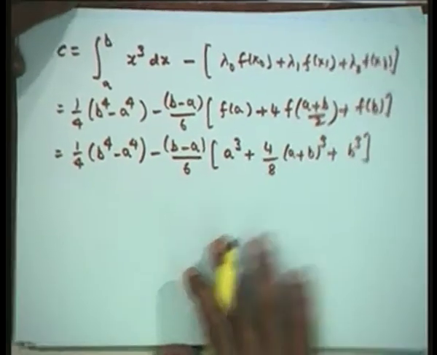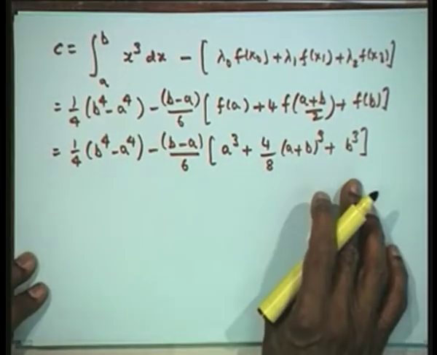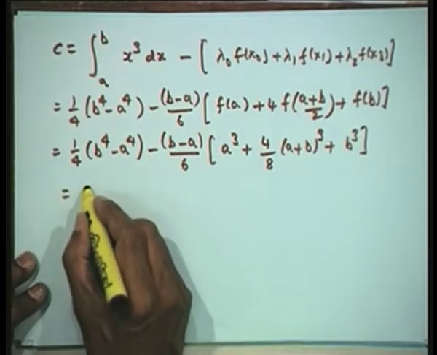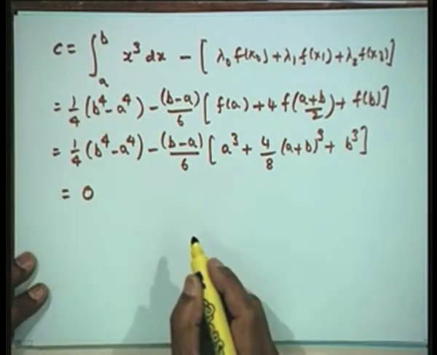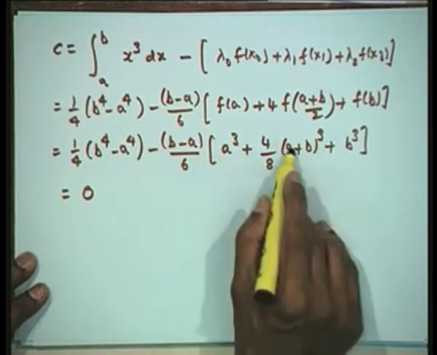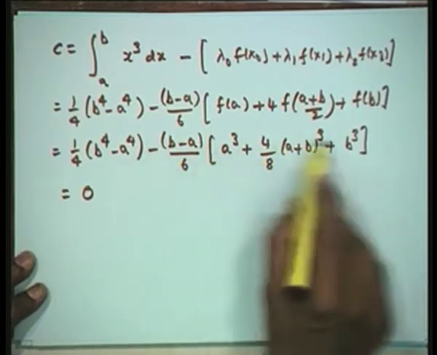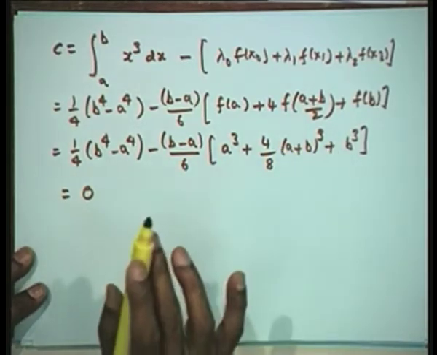Now, I will leave this as a simple exercise for you to just open it up and show that it turns out to be 0. Just multiply it out, everything cancels, and we will have only b 4 minus a 4 here, and we will get this is equal to 0.